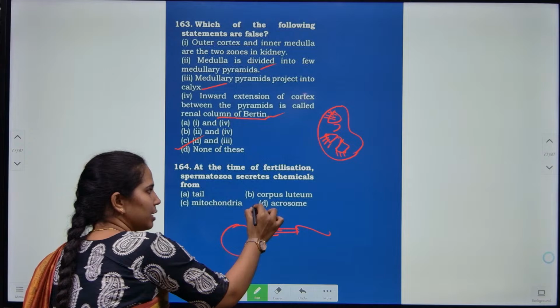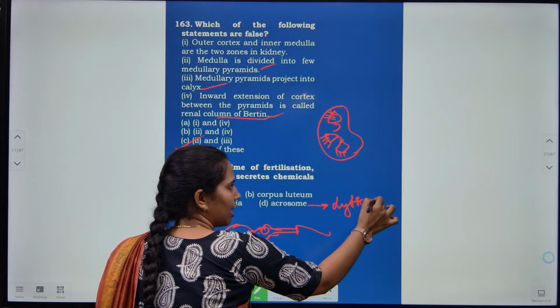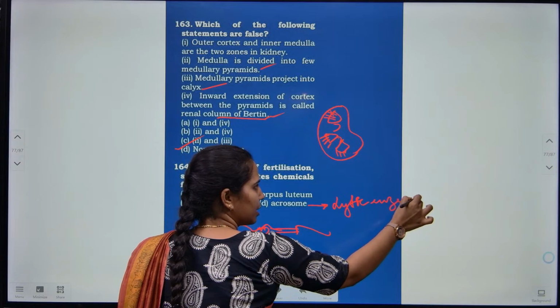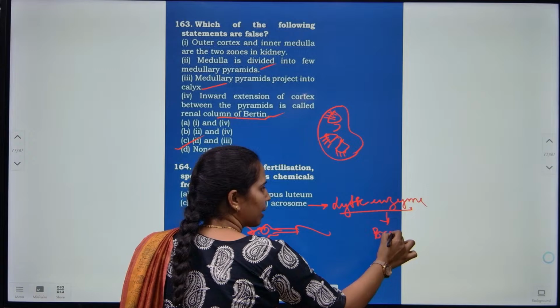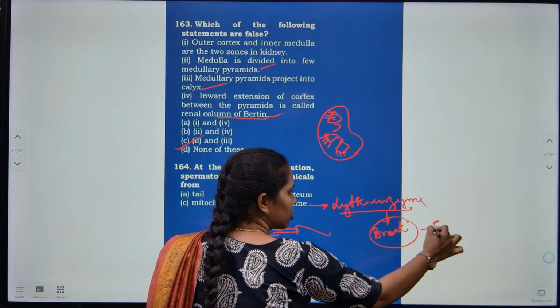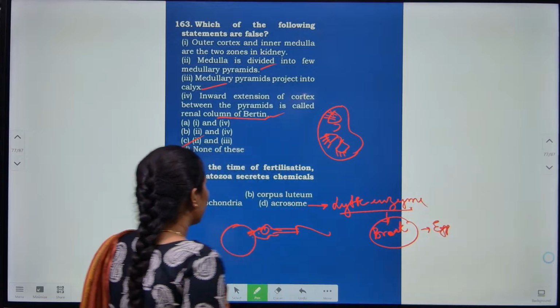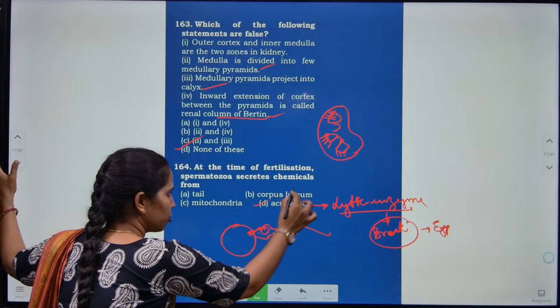So it is always the lytic enzymes present in the acrosome which will help in breaking the layers of the egg here, that is zona pellucida, corona radiata. So the right option will be option D.